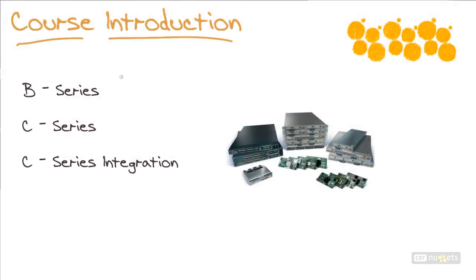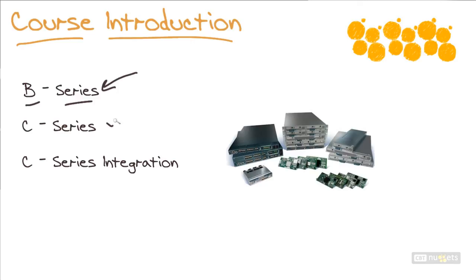So we'll start out in this course focusing on where you thought we might, and that's the B series. Yeah, we're absolutely going to hammer that B series system of products. We're going to make sure that we can troubleshoot effectively some of the most scalable UCS implementations.